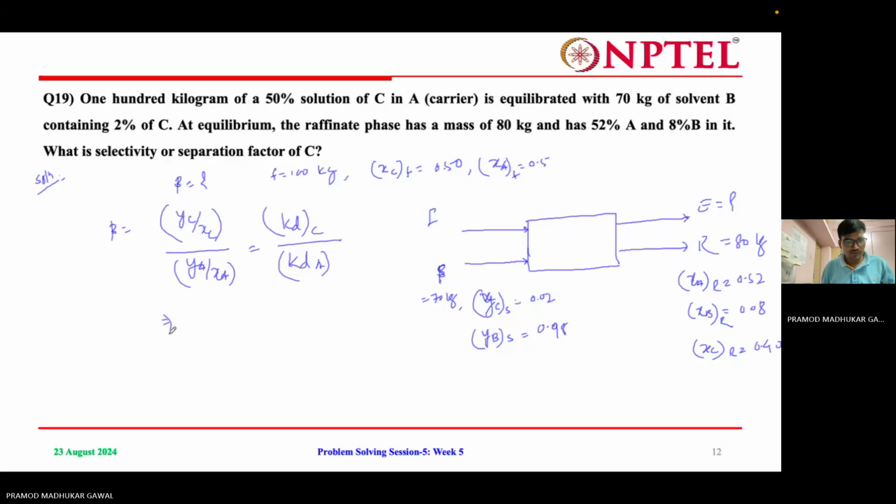So we can make this expression like YC divided by YA in extract, XC by XA in raffinate, right?